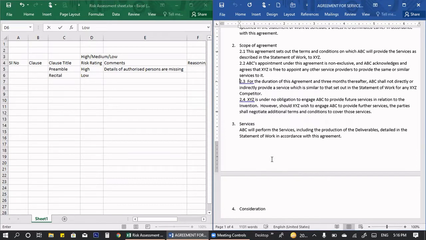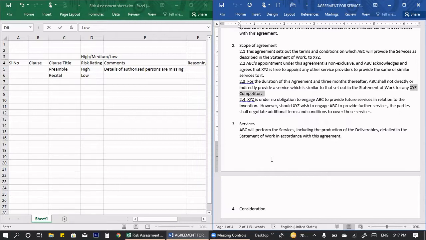Okay. For the duration of this agreement and for 3 months thereafter, ABC shall not directly or indirectly provide a service similar to that set out in the statement of work for any XYZ competitor. Here again, this is something which will lead to ambiguity.